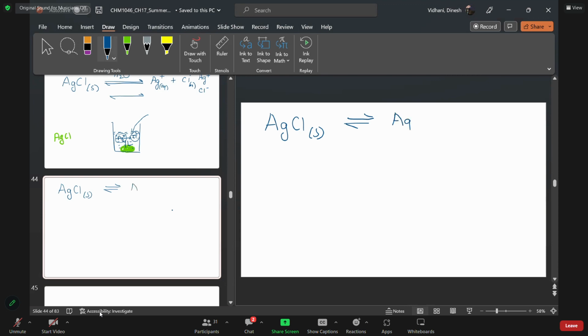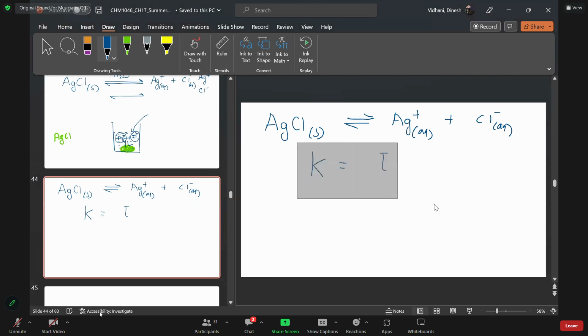So I got silver and I got chloride. Now, in this case, if I want to write K, the equilibrium constant, it will be the concentration of, I'll just put it at the bottom so that we can compare it. First, I'm going to build the ICE table and then I'm going to put in the values.